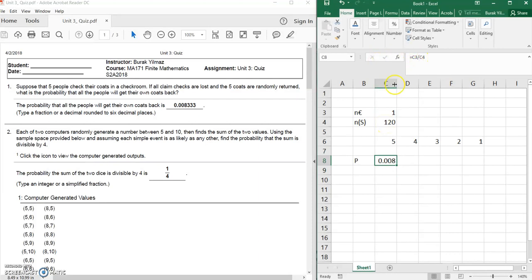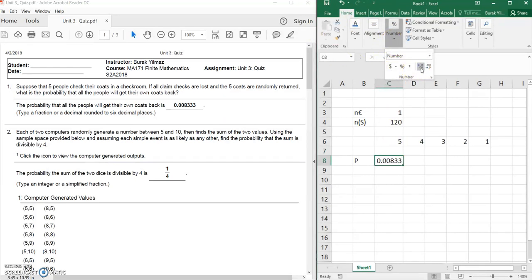And you want to add more decimals here, so the answer would be 0.00833. It wants 6 decimal places, so we want to go 1 more to make it 6. So that's question number 1.